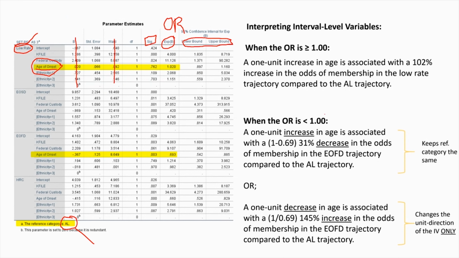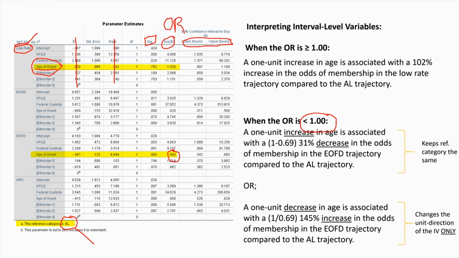Where things get a little bit more complex is when we have an odds ratio that's less than 1, which is the case here when looking at the early onset fast desistor trajectory. So in this case, we can interpret it in one of two ways. We can sort of keep in line with the traditional OLS approach of interval level variables.